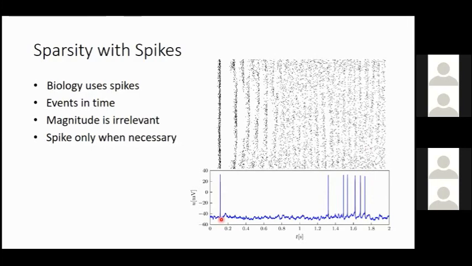One intuition for why biology chooses spikes: it might be interesting that not all of the biological brains in our system use spikes. There are some primitive animals that don't actually have spikes, but communicate in terms of the real neuron voltage. But as organisms evolved, spikes became the way of information exchange in a biological system.